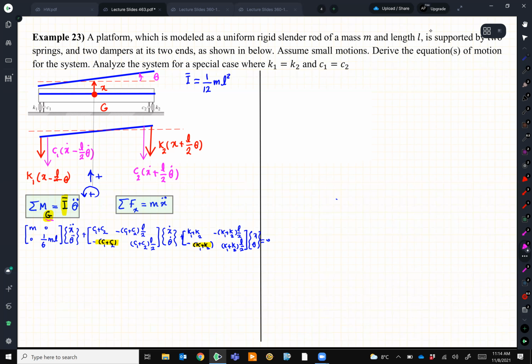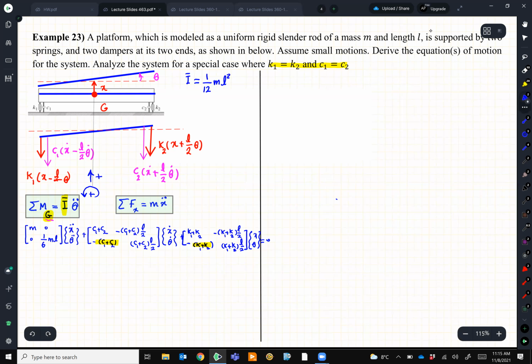So this is the equation, and we know what to do with it. In order to solve this one, we need to go through all the trouble of decoupling and so on, all those steps that you've seen before. You can do that, however, it's not what the question asks. The question asks to check what will happen if the stiffness and damping are the same.